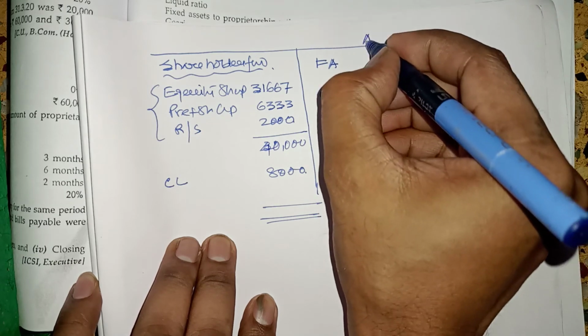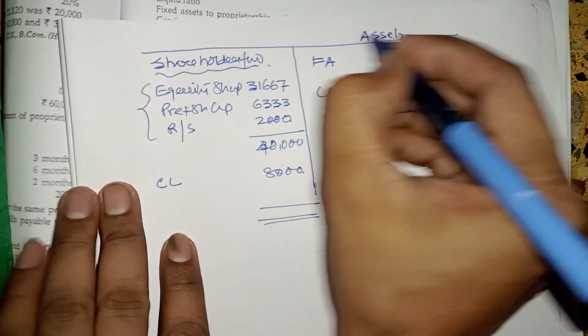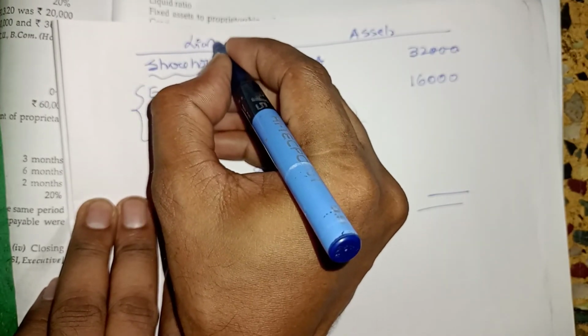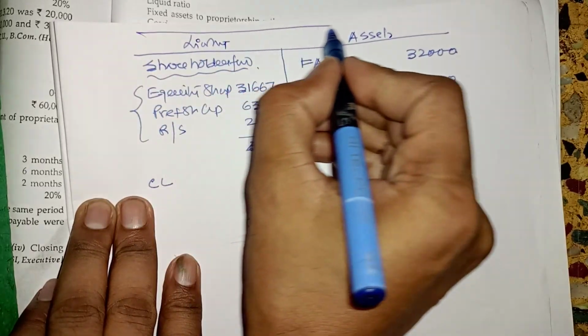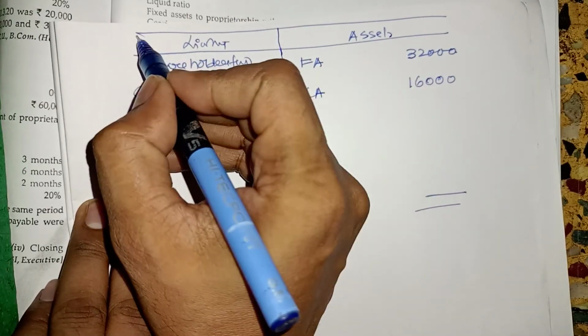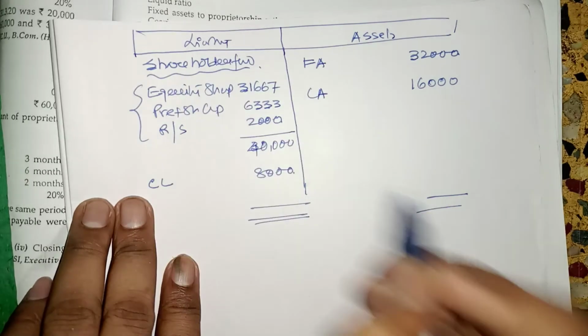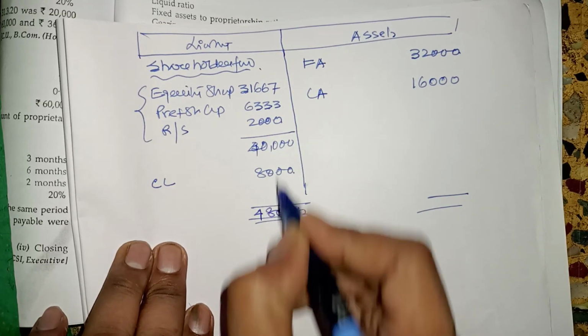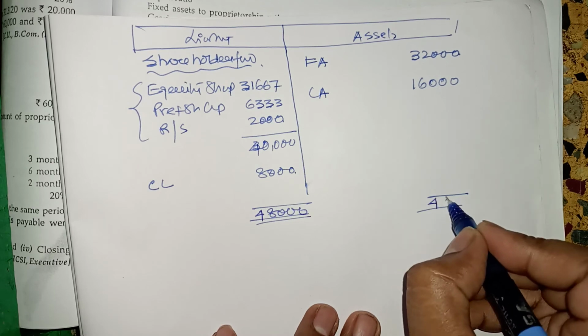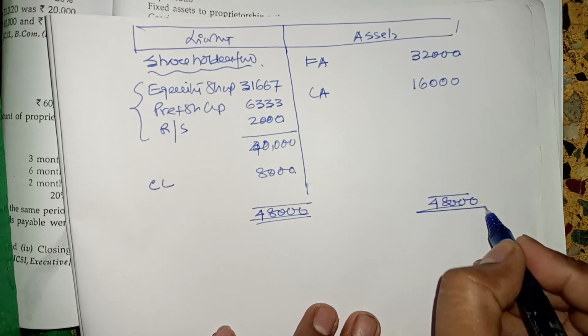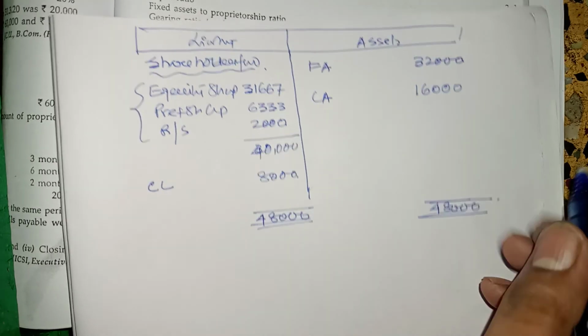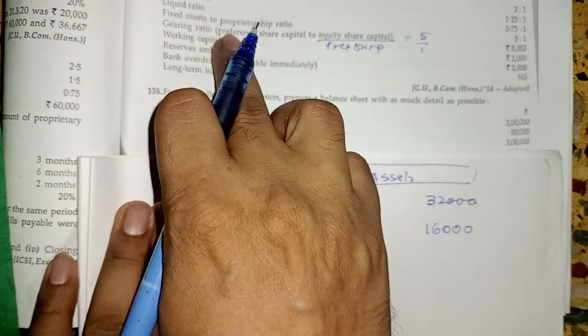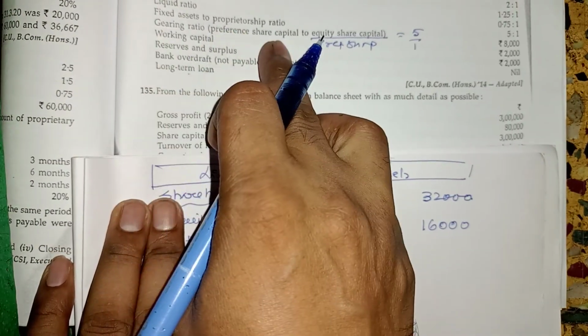This side is the assets in a balance sheet and this is liability. But student, you have to construct in the new format of the balance sheet under Schedule 3. This is the rough balance sheet that we are doing. This side is 48,000, here also it is 48,000.